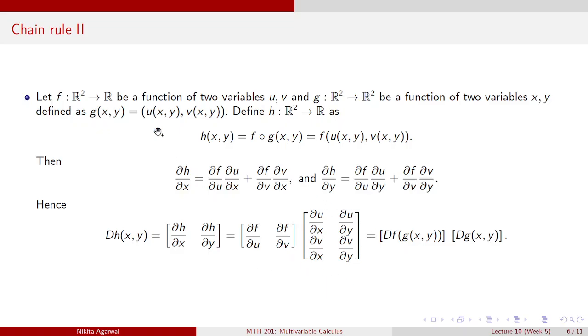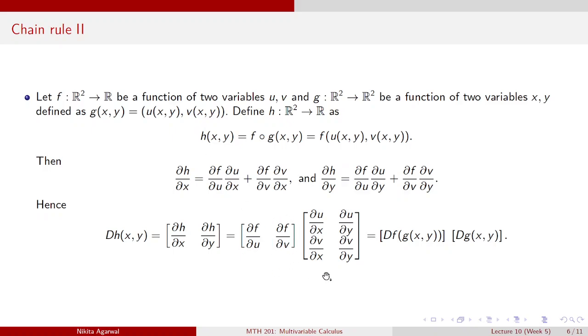Because g has two components and two variables, it will be a 2 by 2 matrix. The first row is all the partial derivatives of the first component, which is u. The second row is all the partial derivatives of the second component, which is v.